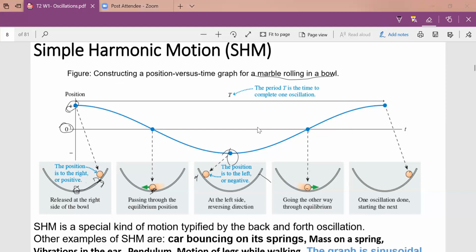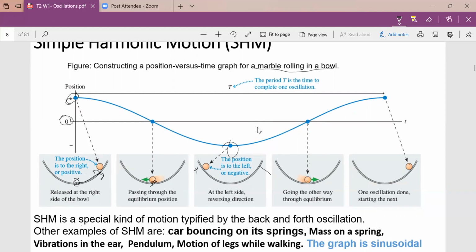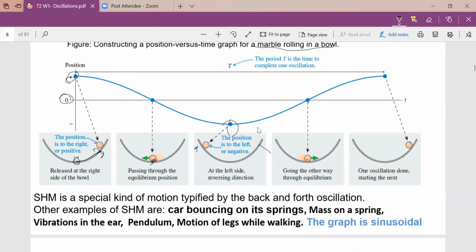So this description is actually the description of a simple harmonic motion, because we can see that the oscillatory motion has a defined pattern and a period, from where it started to coming back to the position where it started.